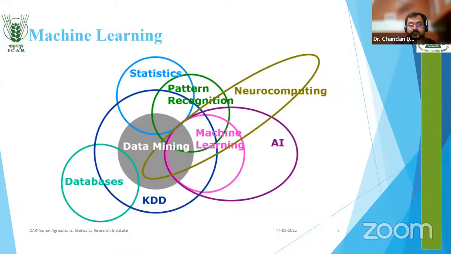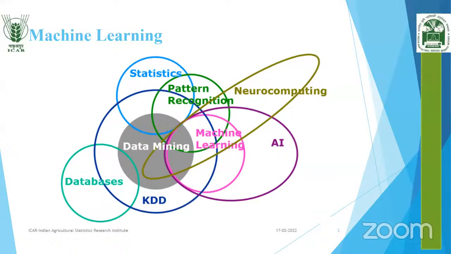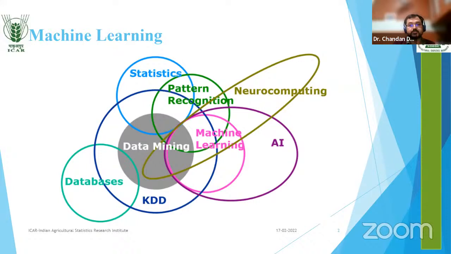Before going into my topic of today's lecture, I want to introduce some very basic concepts. Basically, SVM belongs to a broad category of subject, that is machine learning. Machine learning is a multidisciplinary subject, and it includes data mining, pattern recognition, statistics, neurocomputing, AI, knowledge discovery, and databases.